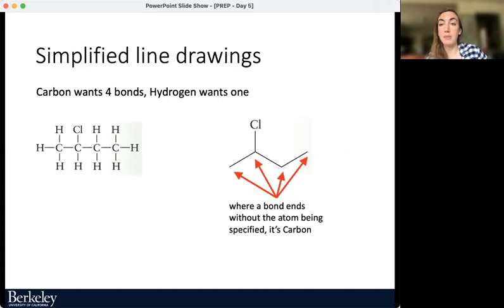If we draw a bond and don't specify what it ends in, it's carbon, because if it was anything else, we would write it out. Here it ends in not carbon, so we've written out the chlorine. Not just in this example, in any molecule, if we don't write out what the element is, it's carbon.